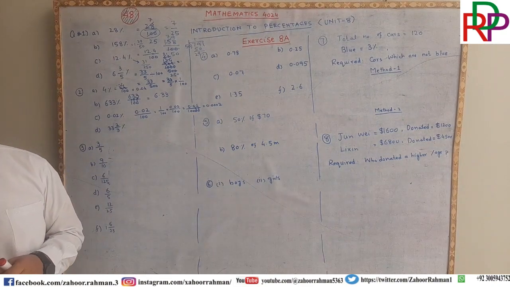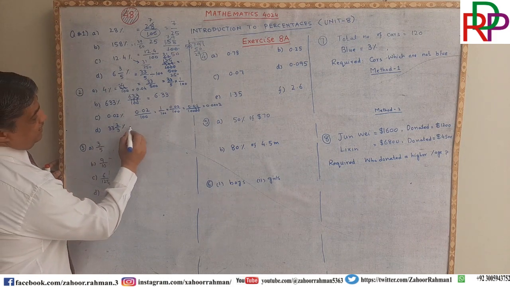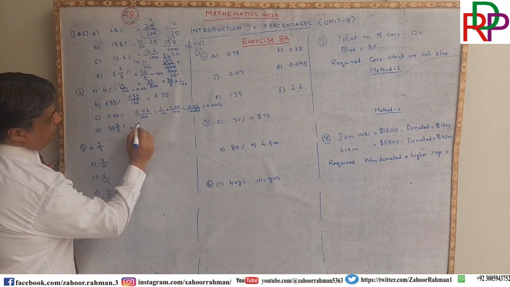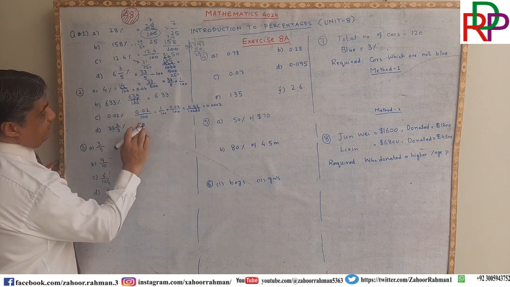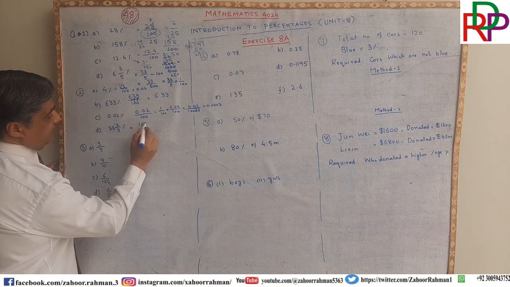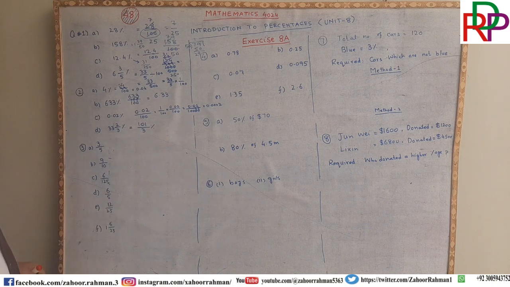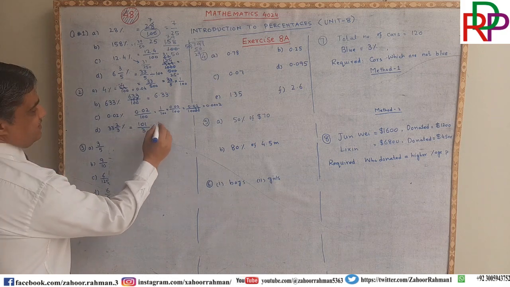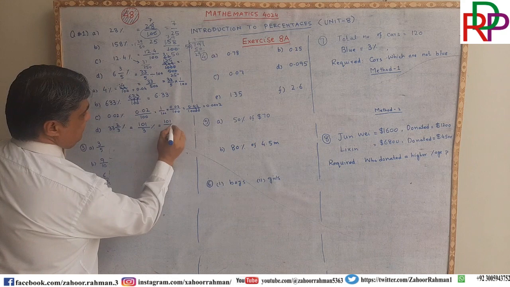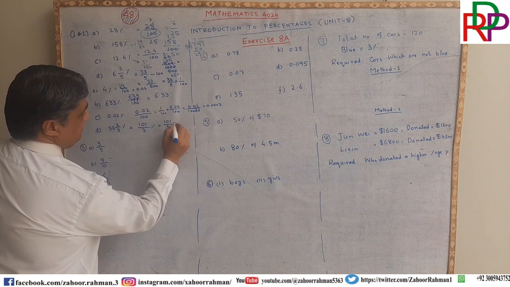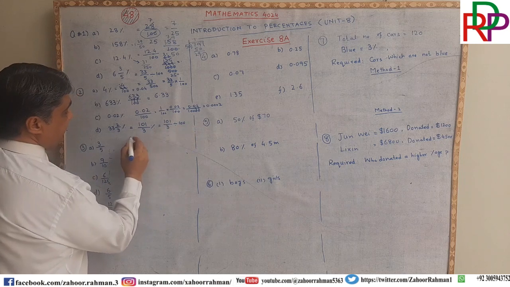Next is 33 whole 2 over 3. So it will be equal to 99 plus 2, which is 101 divided by 3%. Ladies and gentlemen, we can write this as 101 divided by 3 per cent.